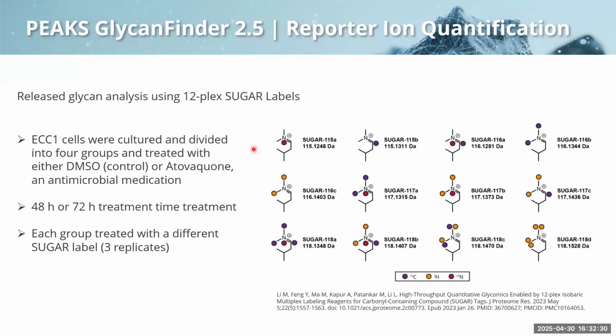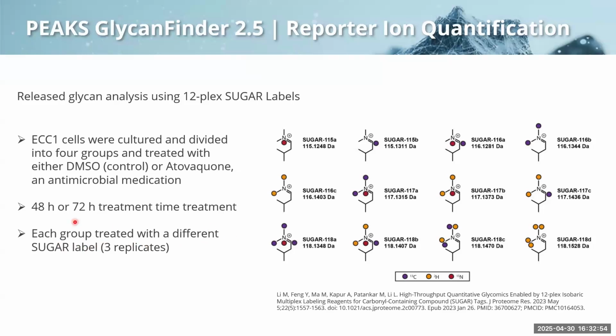And then 2 of the groups were the control. They were treated with DMSO. And then the other 2 groups were the treatment groups, and they were treated with an antimicrobial medication, atovaquone. And then they were either treated for 48 hours or 72 hours with the respective treatment. So that's 4 different groups in total.